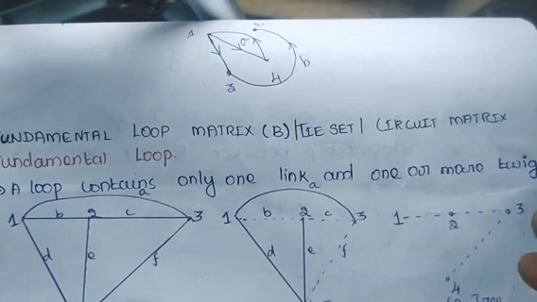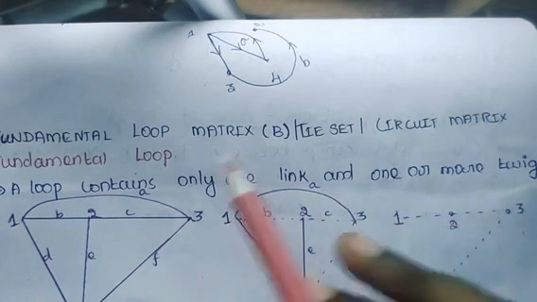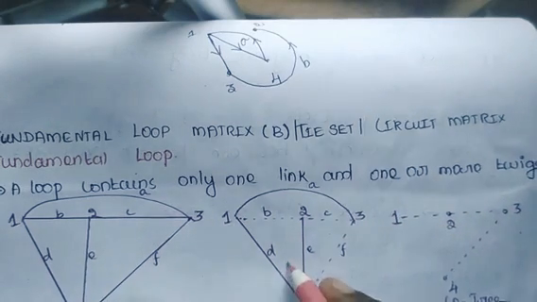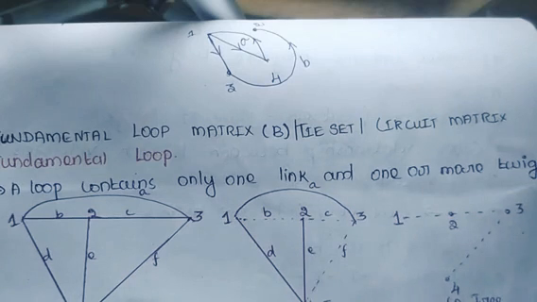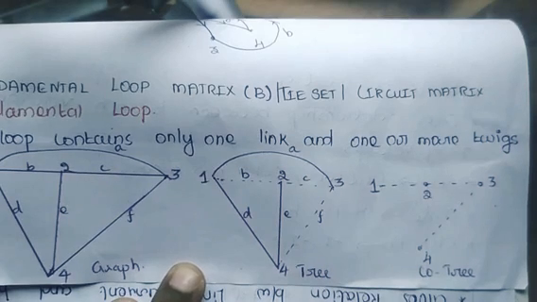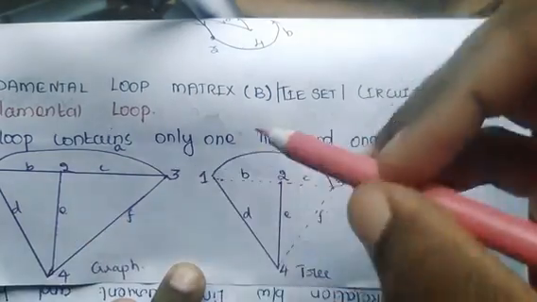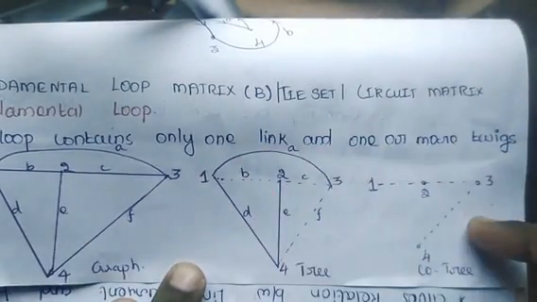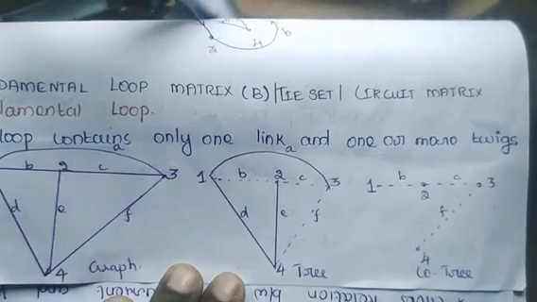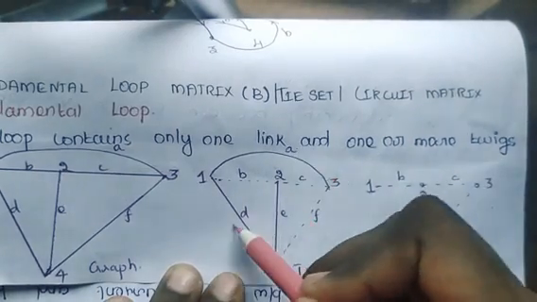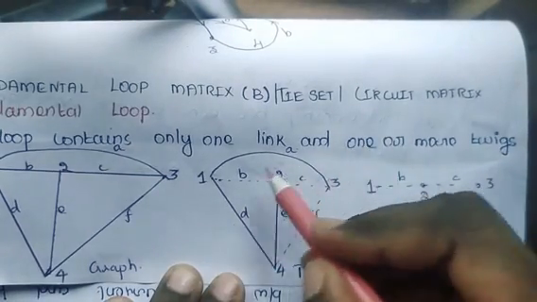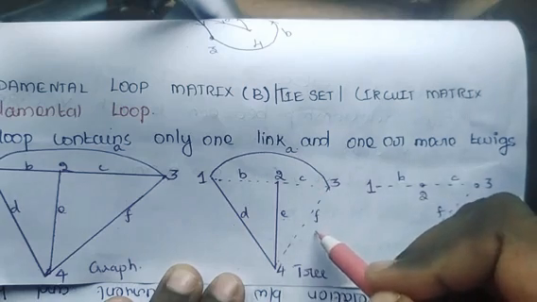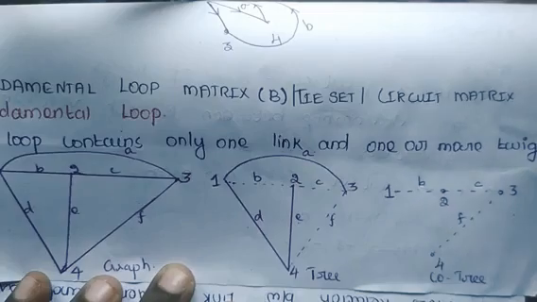So when you are writing a fundamental loop matrix for a graph, you should consider a tree and its corresponding co-tree. We can draw n^(n-2) trees for a graph. I have drawn a tree and its corresponding co-tree. In this case, A, D and E are the twigs, and B, C and F are the links.